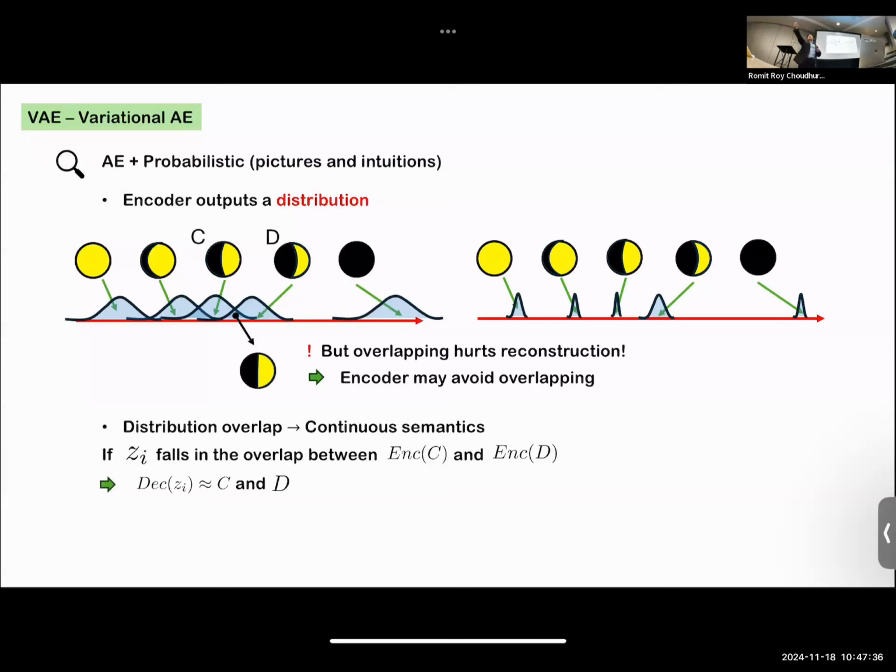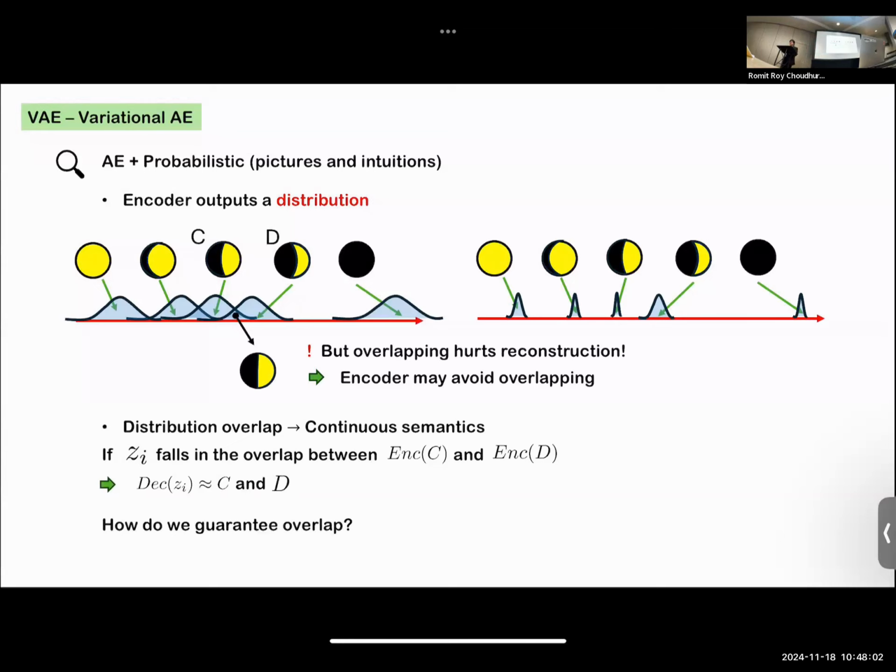Because as long as I see this sample, I know exactly which image I should map it to. But if the encoder does this, then again our latent space does not have semantic meaning. This is not going to give you semantic continuity. It's only the overlap of the distributions that was giving you that. So how do we force the encoder to output distributions that overlap?